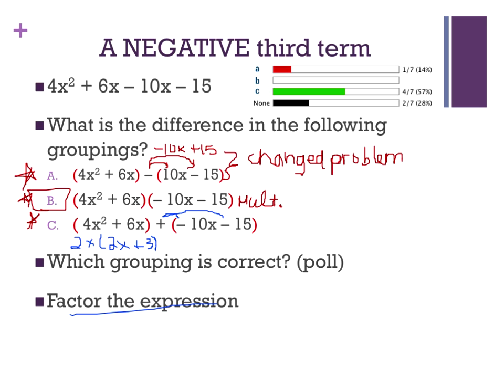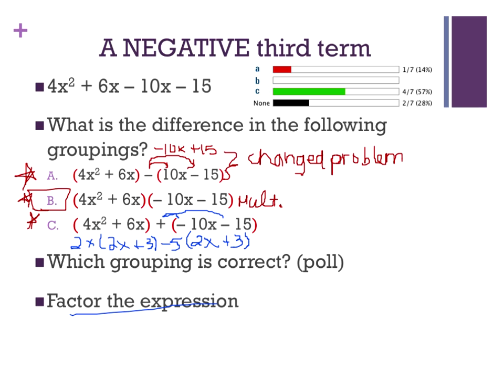So I'm still looking at the greatest common factor, but in this instance, I also need to take out a negative. So I'm going to take a negative 5 out of everything because I want to end up with a positive 2x and a positive 3.